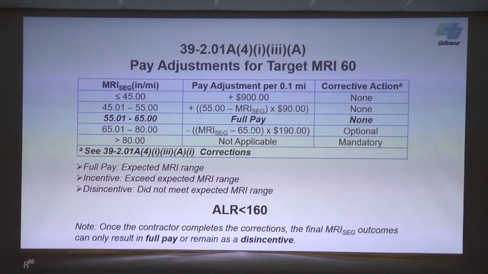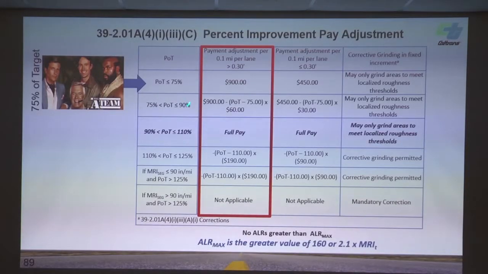And the disincentive is 15 times 190, I think that's $2,850 minus $2,850 per 10th mile. If they paved an 80 out there, we'd accept it, where in the past we would have made them grind down to 60, but we're going to take a deduction. So that's the same percent improvement table, the 900 and the minus 1350, but using percent values now.